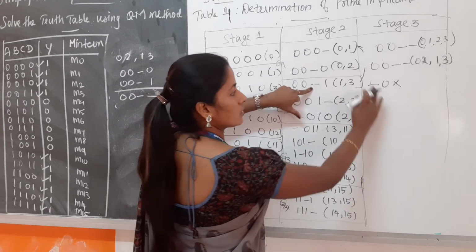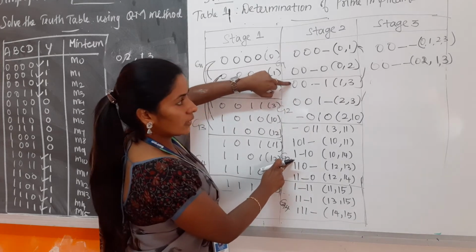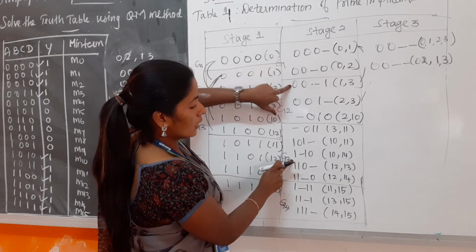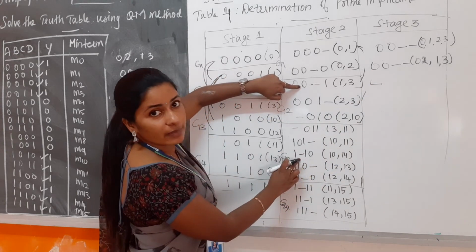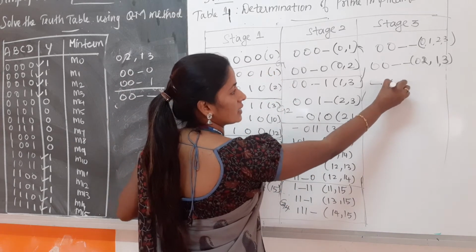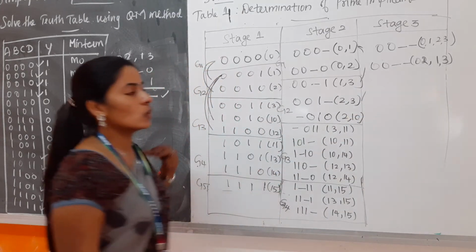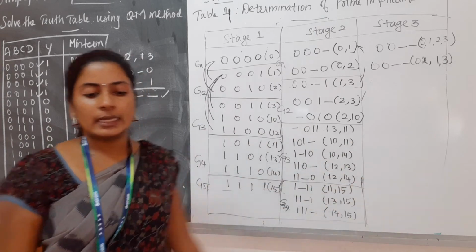It became cross, so I cannot take this. Next I am doing 1 3 and 10 14. 0 1 dash, next 0 and dash came again, so that is also not possible. Like that, one by one we have to compare and write here.